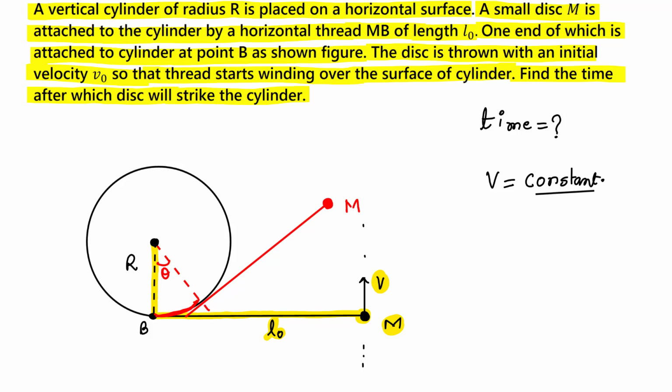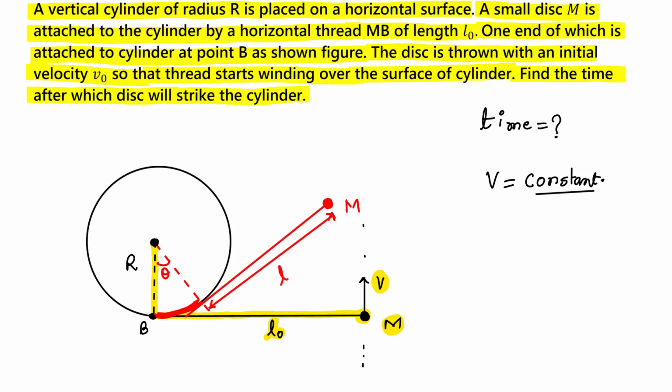So if this length is r theta, then how much will this other length be? If you remember, the initial length was L0. Because this part of the string is now on the cylinder, this length is gone.